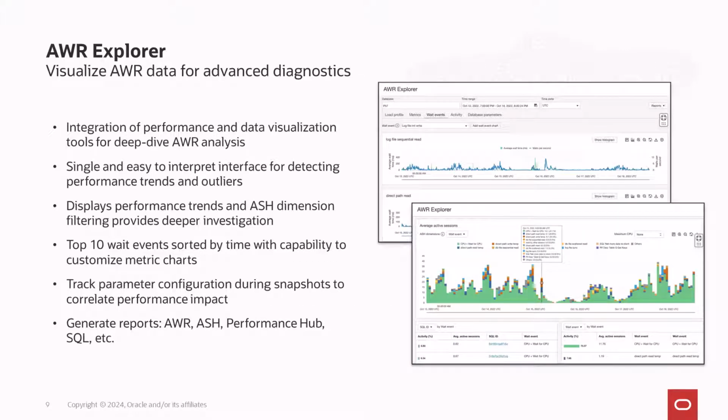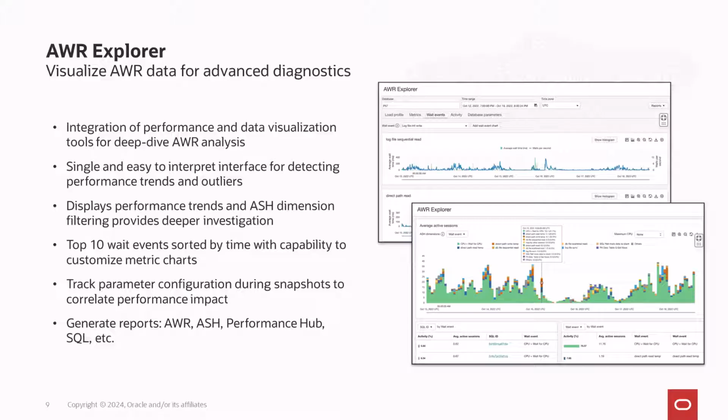Here's what it offers: in-depth analysis and visualization. AWR Explorer enables DBAs to conduct detailed analysis of AWR data, visualize performance trends, detect anomalies, and compare AWR data across different time periods and even across databases.